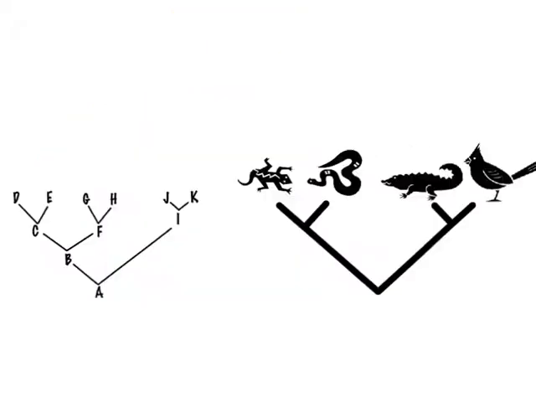Let's try some examples. So here we have a couple of different examples. Again, here is just kind of an arbitrary cladogram, and here is an example of a non-monophyletic group. Okay? Now, let's take a look over here.